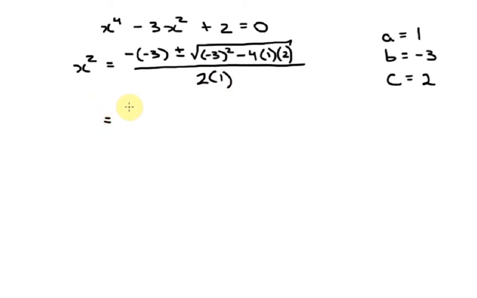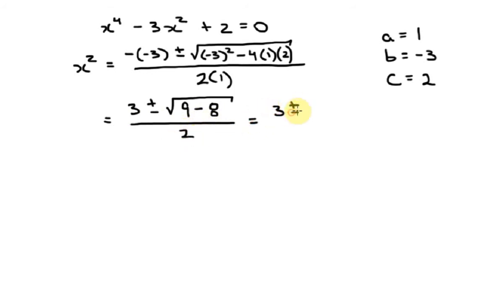So this becomes 3 plus or minus the square root of 9 minus 4 times 1 times 2, which is 8. That's going to work out quite nicely because we're going to get the square root of 1. So we end up with 3 plus or minus the square root of 1, which is 1, all over 2.